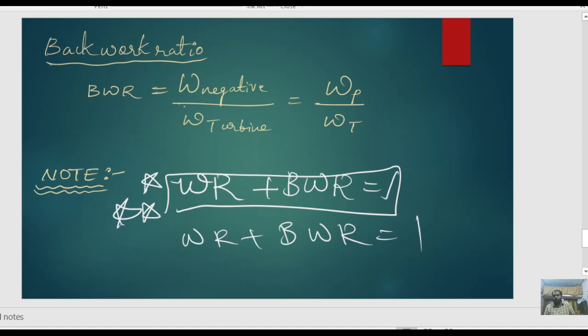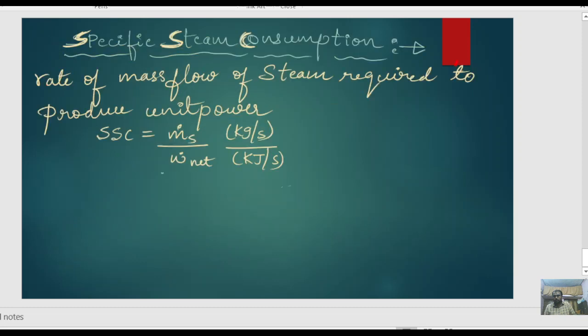Moving on to the next concept, that is the specific steam consumption. It means how much steam we require to produce 1 kilowatt of power. Specific steam consumption is the mass flow of steam required to produce unit power. Unit means 1 kilowatt.